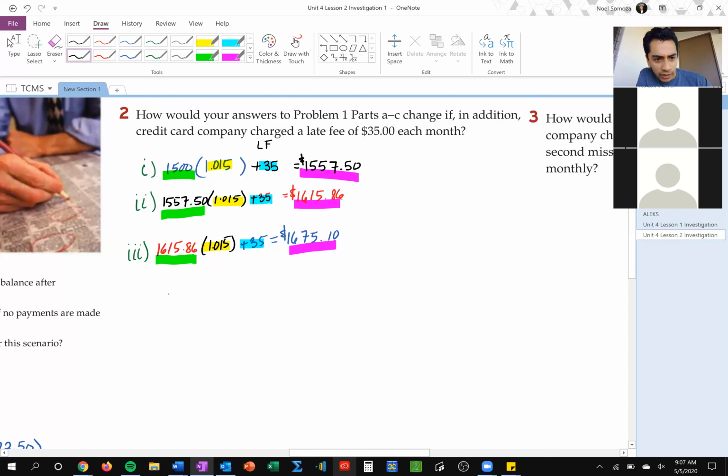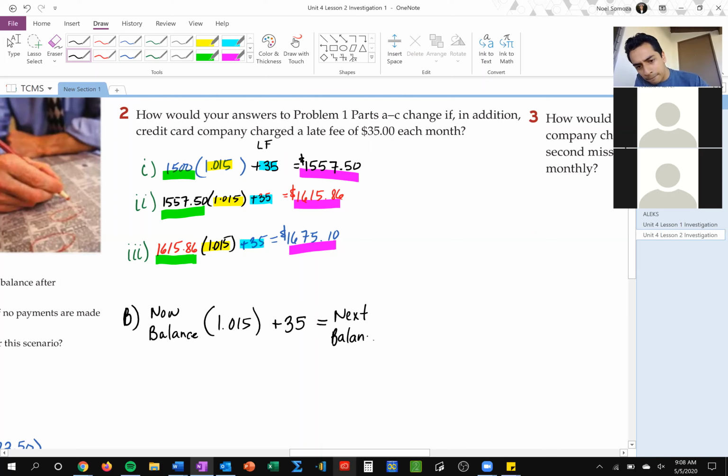So we can go ahead and say that for part B, if you take your now balance and then you multiply that balance by 1.015, and then you add the late fee of $35, that will equal your future balance, or your next month's balance, right?